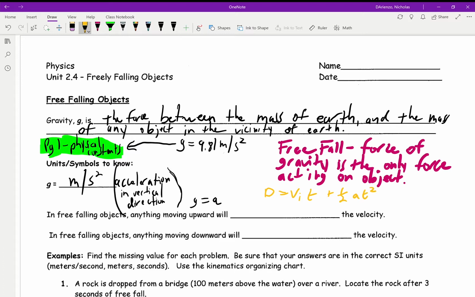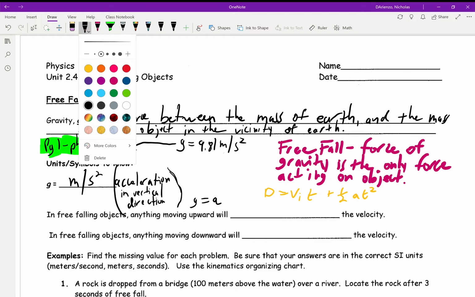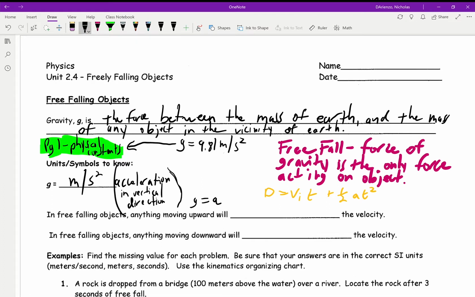I do my t's with a little bit of a loop on there to kind of discern them away from the plus sign. That's going to take a couple different forms depending on what our initial velocity of the object might be.